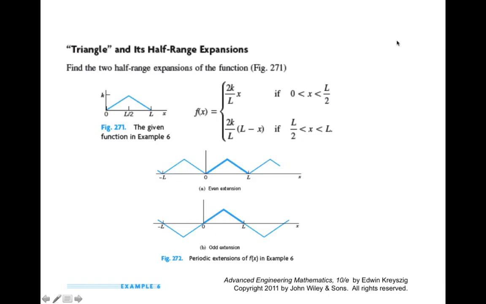So you can play some tricks mathematically, both with even and odd as well as with what is referred to as half-range expansions or extensions, an even extension and an odd extension, in order to trick the system into doing a Fourier analysis.